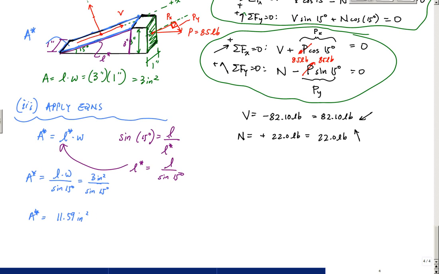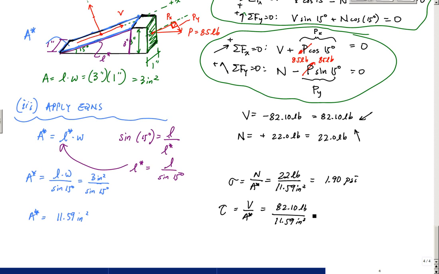And just to finish it all out, applying these relationships, the normal stress sigma n is N divided by A star, which is 22 pounds divided by 11.59 inches squared, which is 1.90 psi, or pounds per square inch. And tau, which is V over A star, is 82.10 pounds divided by 11.59 inches squared, which is 7.08 psi, and that is it.